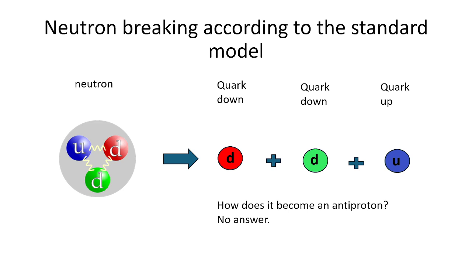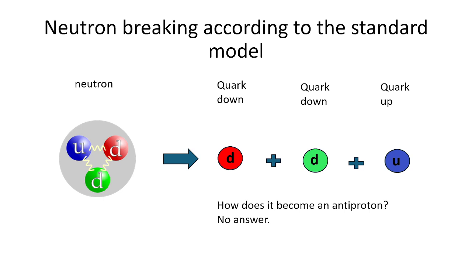Neutron breaking according to the standard model. Neutron can be broken and become 3 quarks. But how does it become an AntiProton?